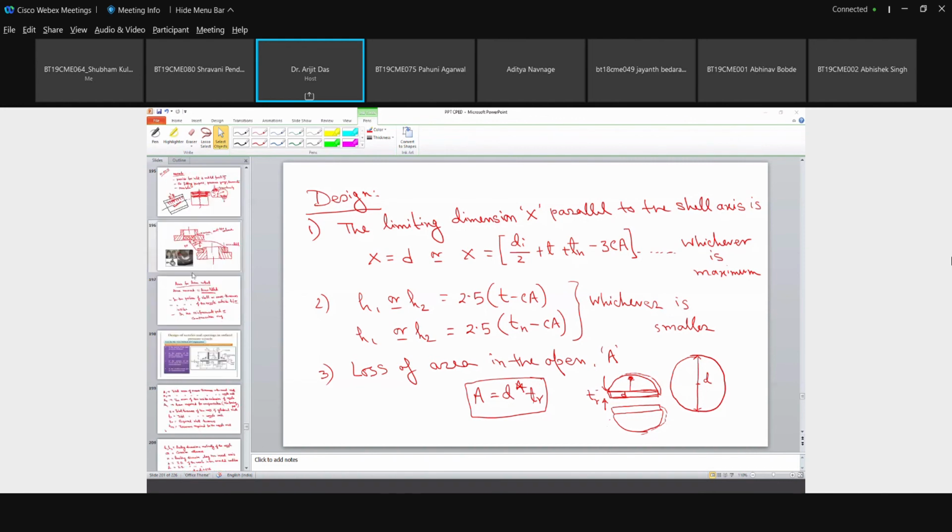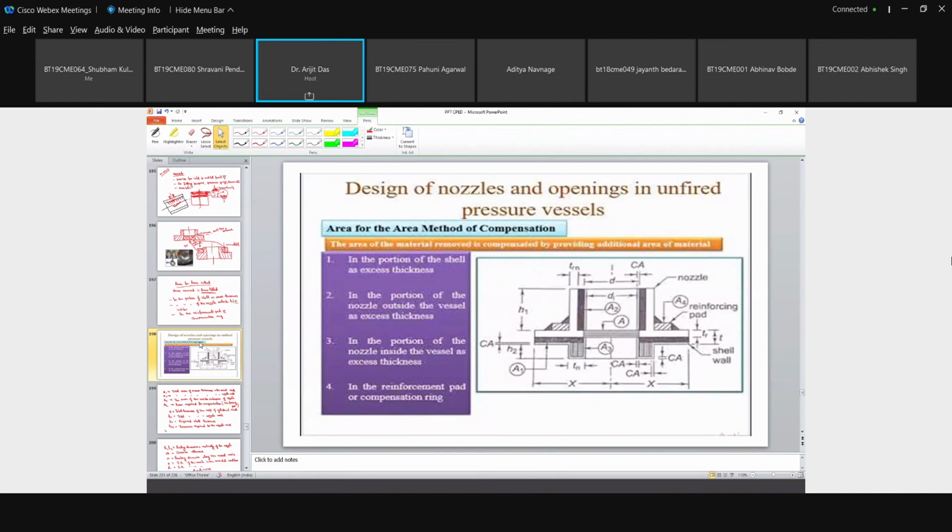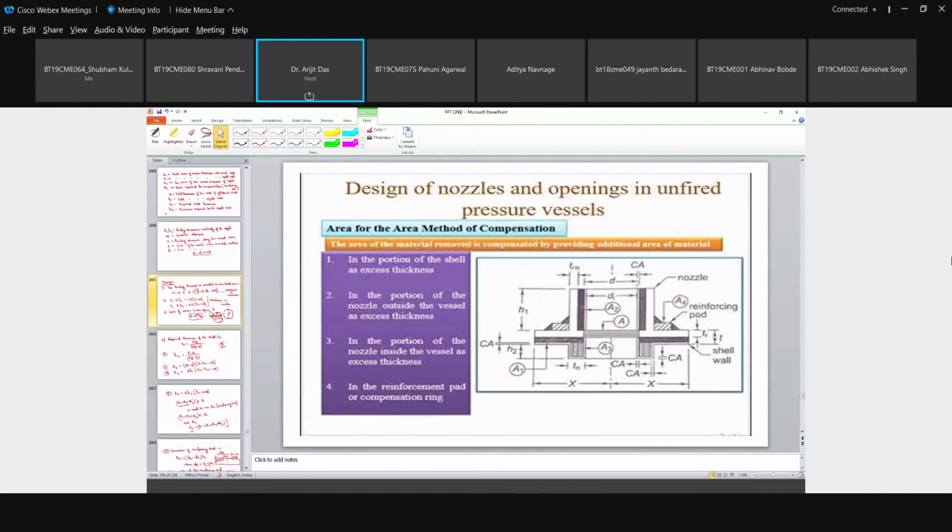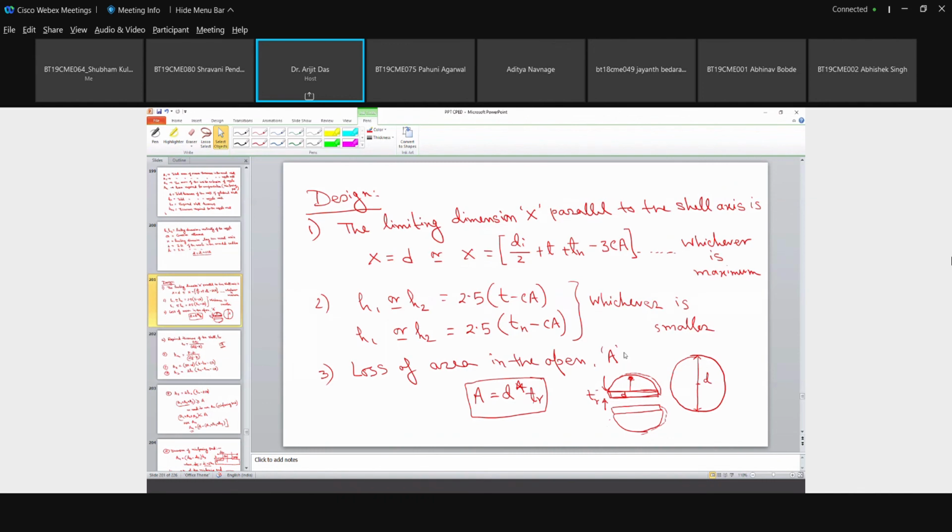What is the D? You see here, that is the D in corroded conditions. And what is the TR? So this amount is the thickness. Now this area has been removed.